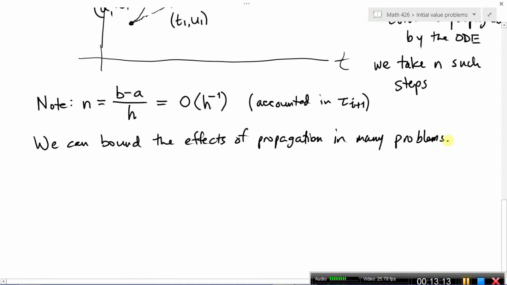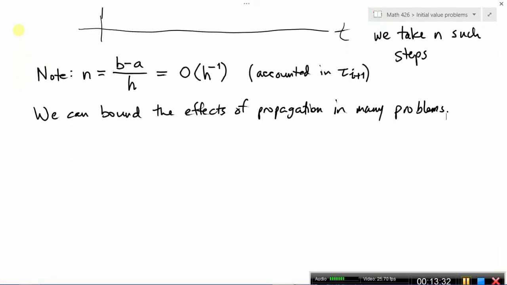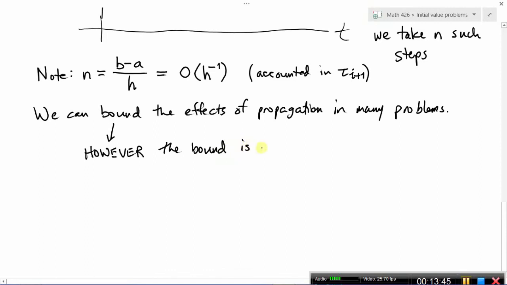But basically the idea is that as long as things don't go too crazy when you change these solution curves, like with discontinuities or something weird, then in fact the effect will be bounded. However, there's a big gotcha. The bound can be exponential in the length of the time interval.